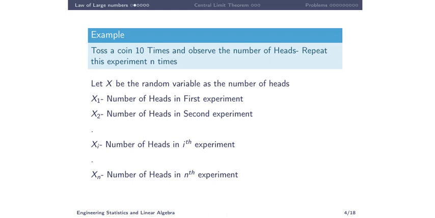That experiment is represented as random variable x1, where x1 is the number of heads in the first experiment. Second experiment, I repeat this again 10 times. That time how many heads I got will be represented as x2. So ith experiment xi and nth experiment xn.